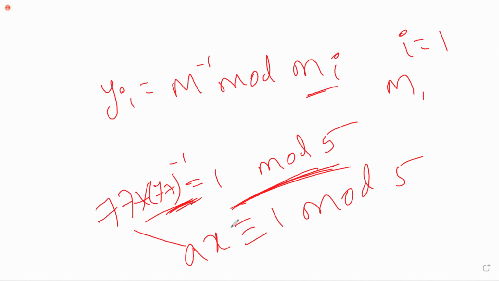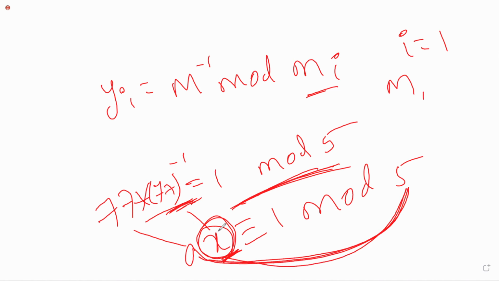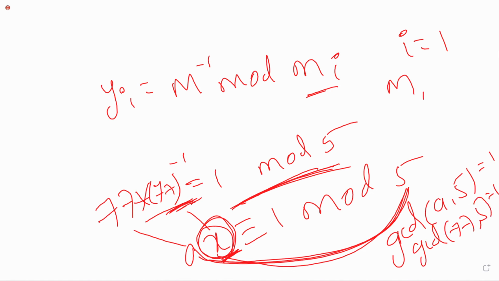Here A is 77 and X is the inverse value we need to calculate. For that, the GCD of A and 5 should be 1, that is, the GCD of 77 and 5 should be 1.